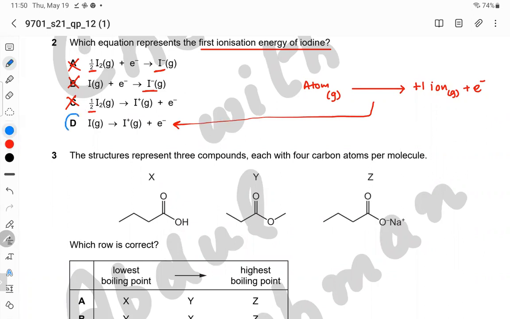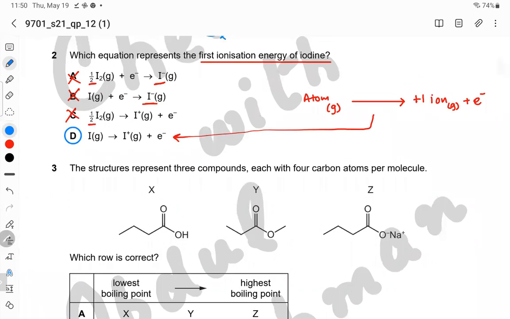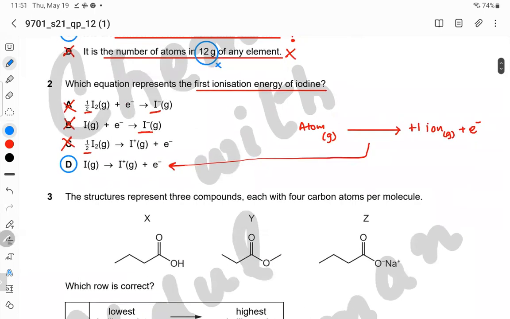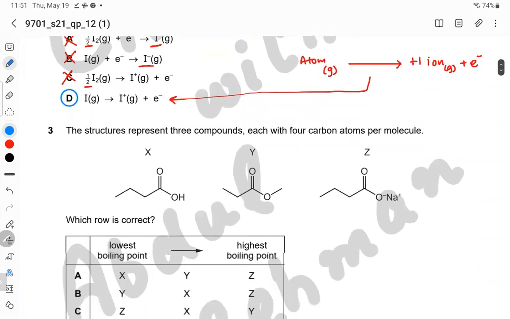So D is the correct option. Is this clear to everyone? Yes, is it clear?